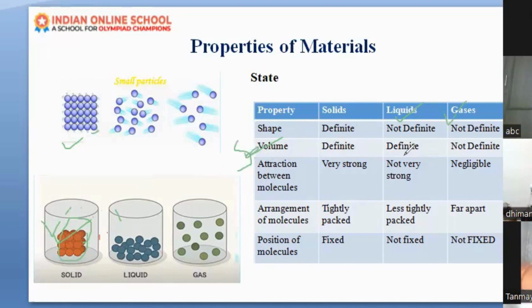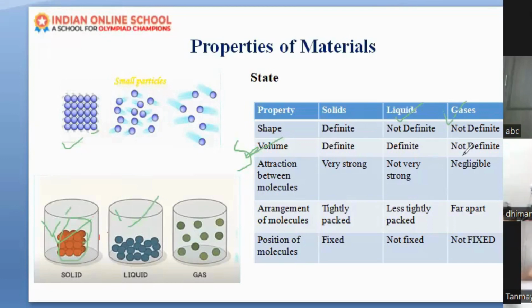Okay. What about liquid? Liquid also has a definite volume. You can change this container, and instead I can take a glass. Even if I take a glass, the space of the liquid remains the same. I gave you the example in the second slide. The space taken by the liquid remained definite irrespective of the container.